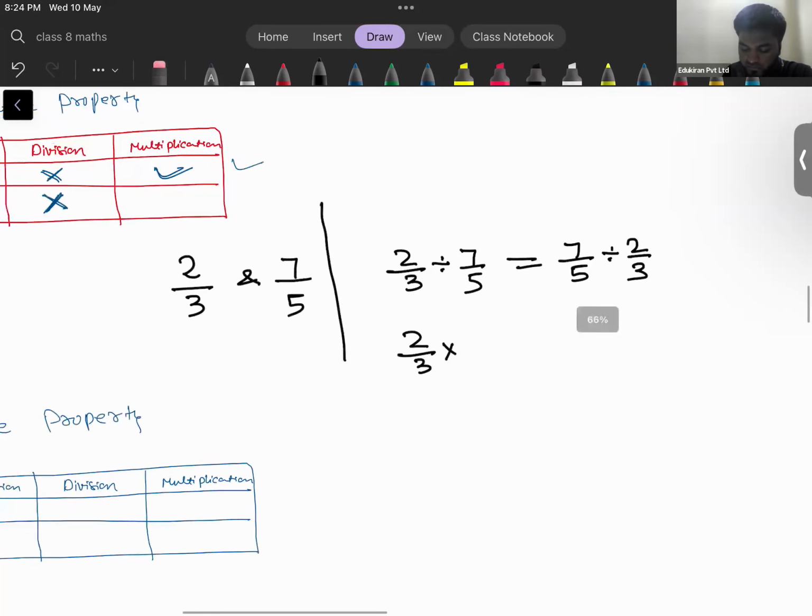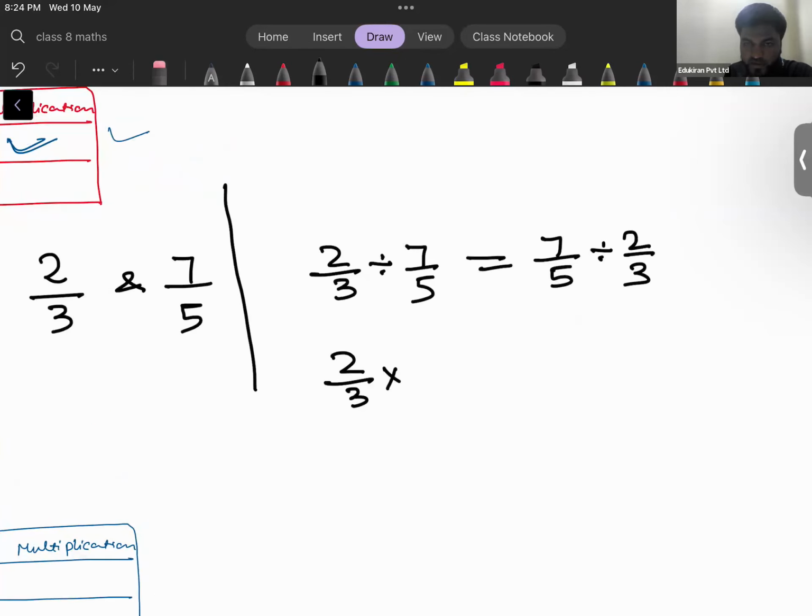So remember this: whenever two fractions are under division, you can change the division sign into a multiplication sign, as I have changed here, and reverse the numerator and denominator of the number. Once I change the division sign into a multiplication sign, I can bring 5 from the denominator to the numerator side and bring 7 to the denominator position.